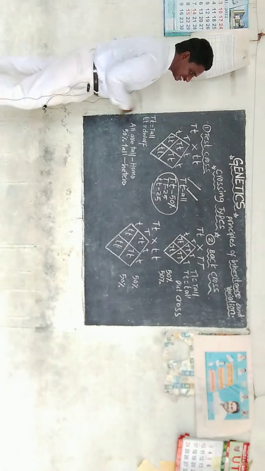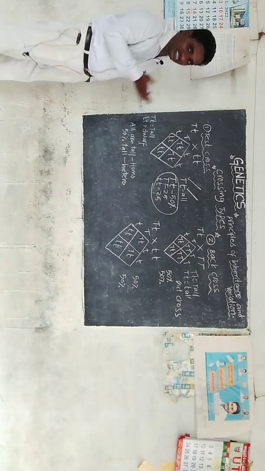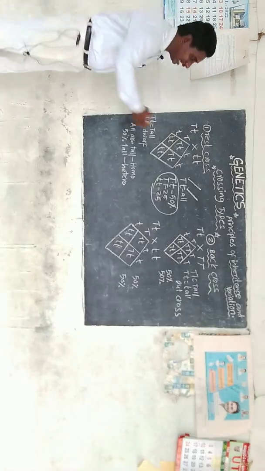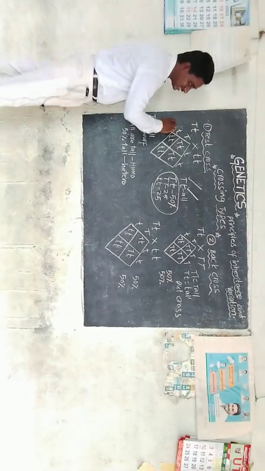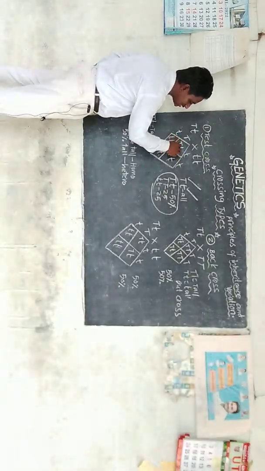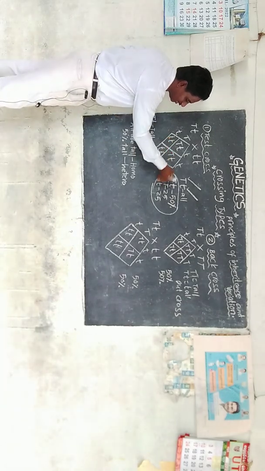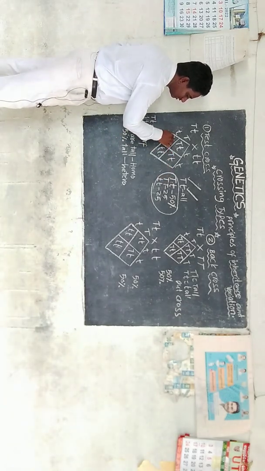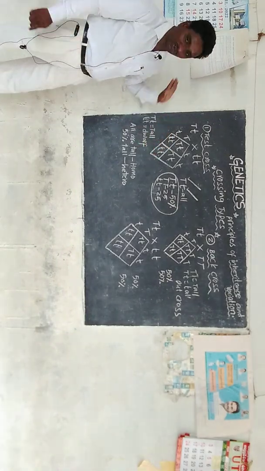For the result of the test cross, capital T, small t we write on the left side of the Punnett square, and small t we write on the right side. The result of the progeny is capital T, small t, tall; capital T, small t, also tall; next, small t, small t, dwarf; small t, small t, dwarf.